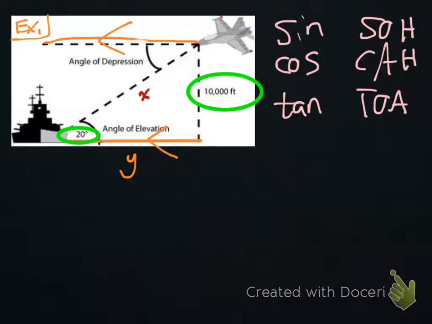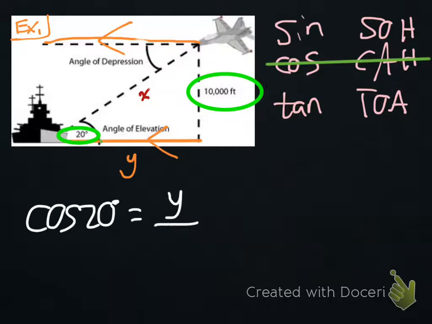Right away, I hope you realize we can eliminate using cosine in this case to solve for x or y, because that would give us cosine of 20, since that's the angle measure, equals the adjacent leg, which is y, over the hypotenuse, which is x.